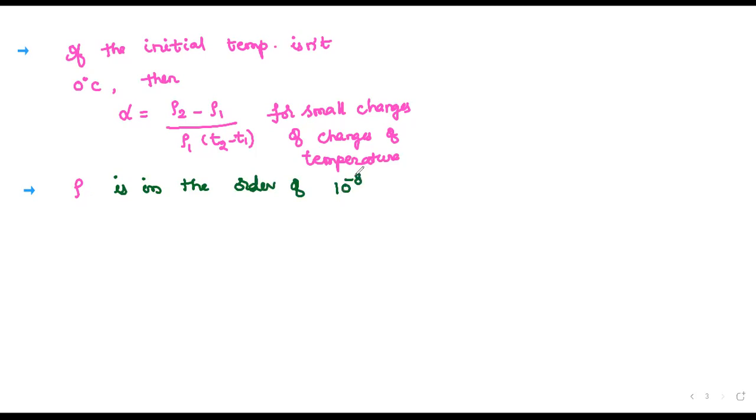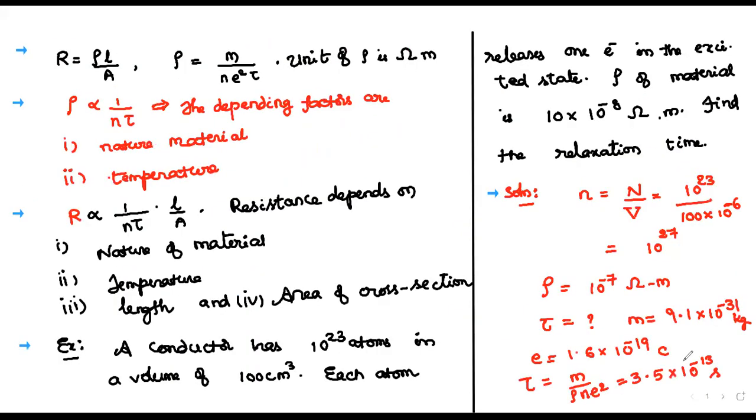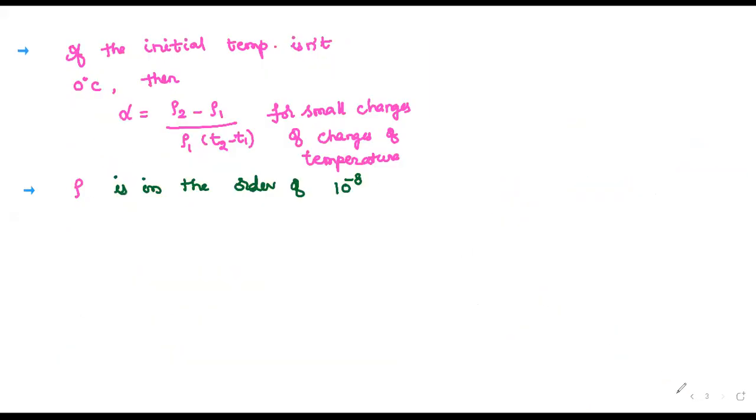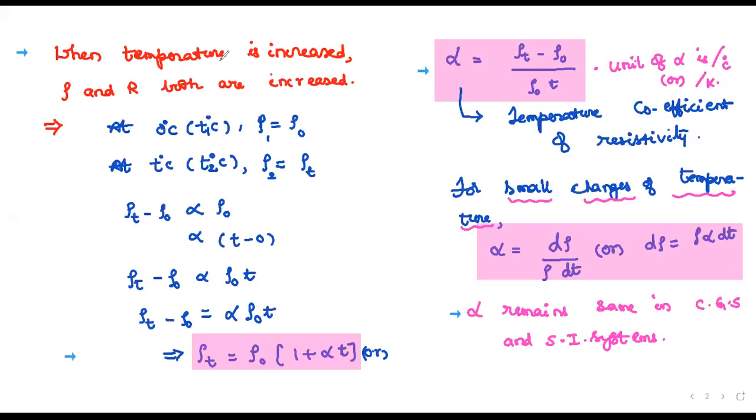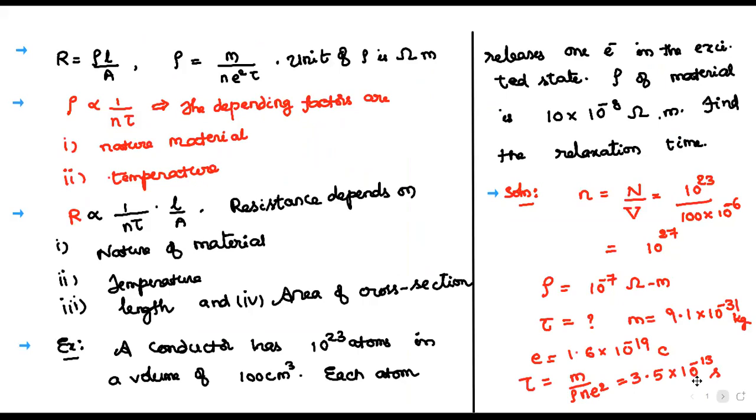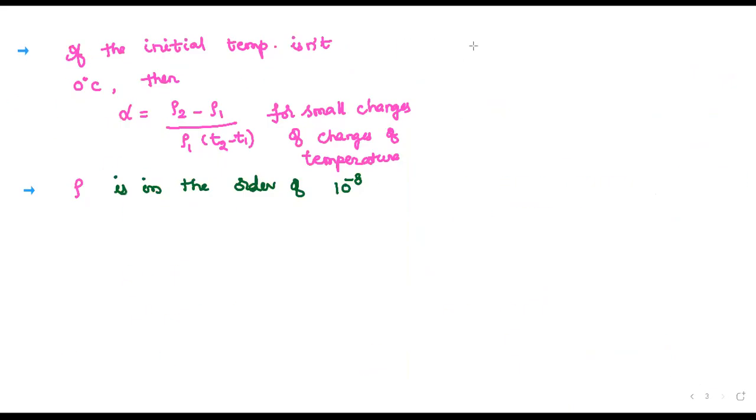Observe the one question I have given there. How much did I give the resistivity? 10 something into 10 power minus 8, and its order is 10 power minus 8. After substituting, the value of alpha is in the order of 10 power minus 4.